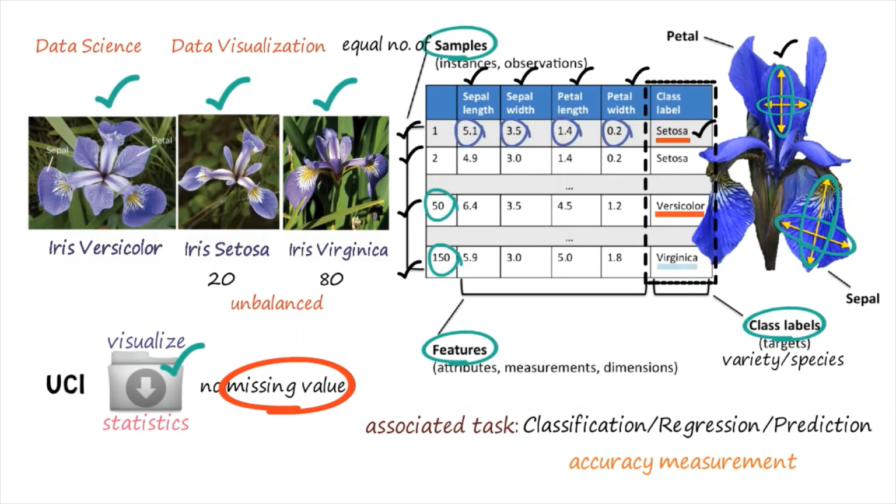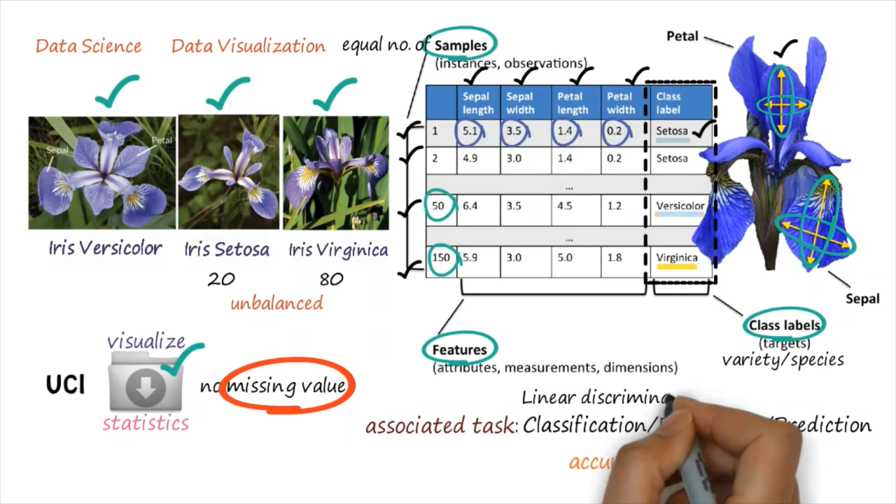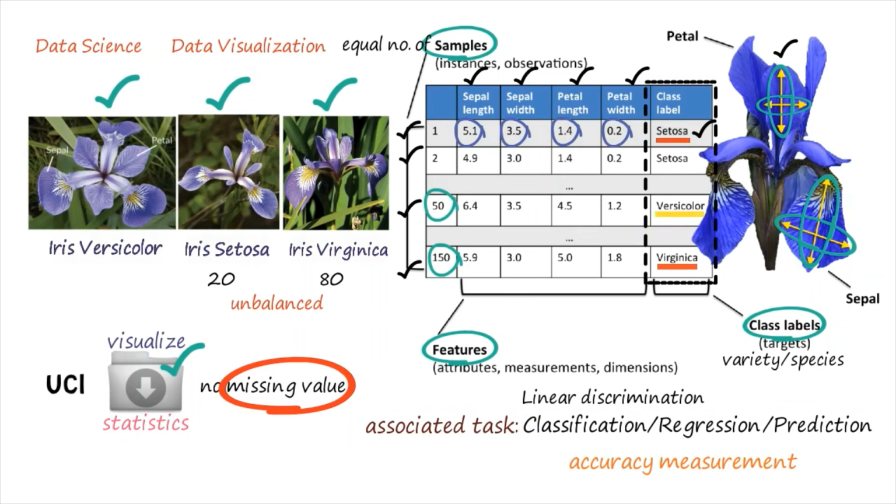Now, using this data set, we are going to perform linear discrimination, which is also known as classification. Why we are targeting classification is very, very important. Try to visualize these three categories of the flower.